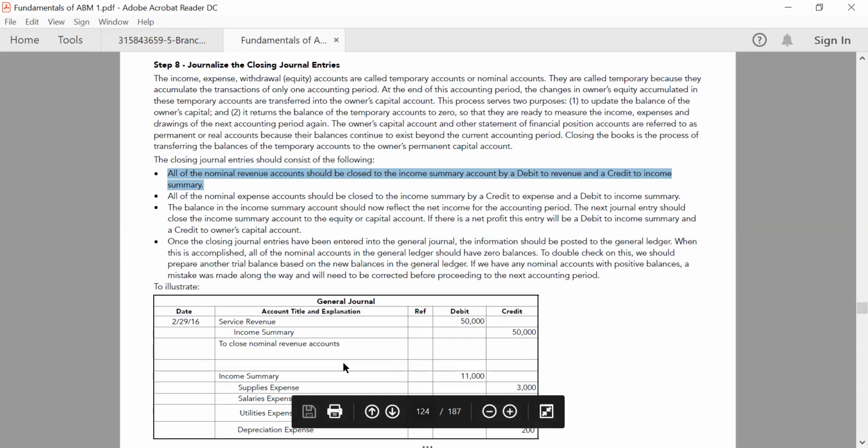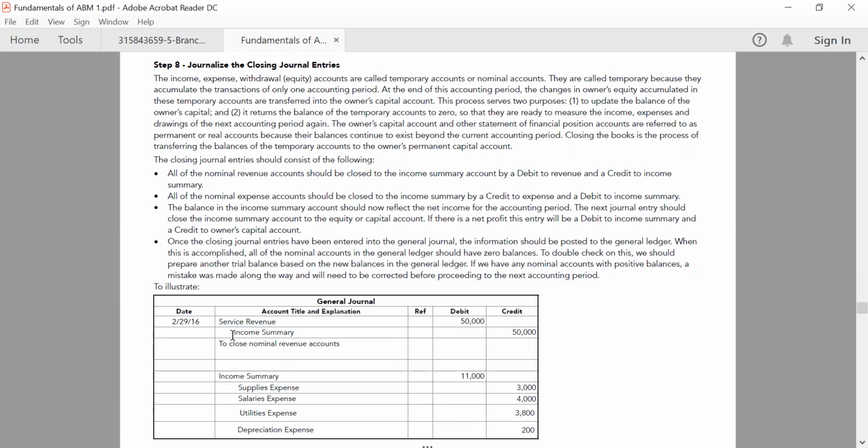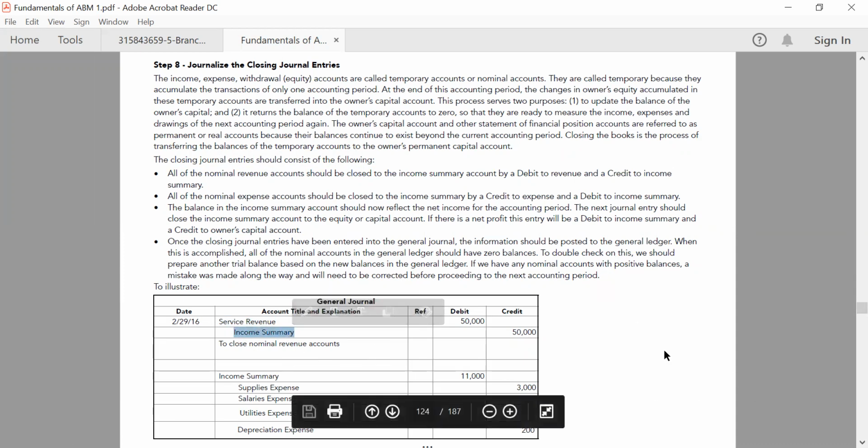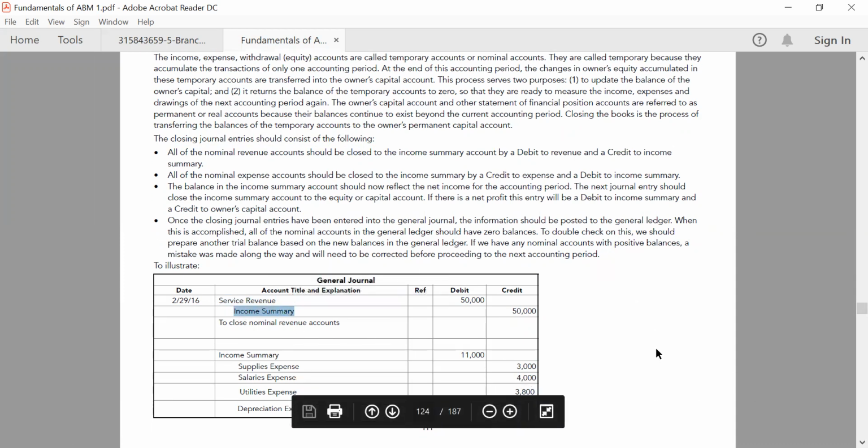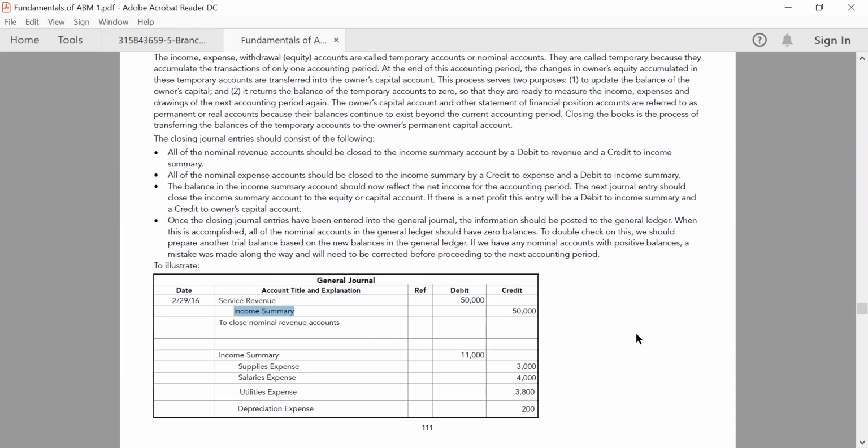All nominal revenue accounts. So look, service revenue is closed to income summary. One good purpose of closing this nominal revenue account is to give way to another record of revenue for the following accounting year or period.